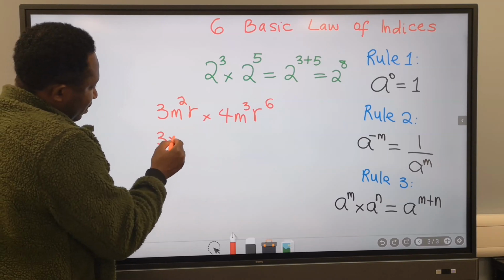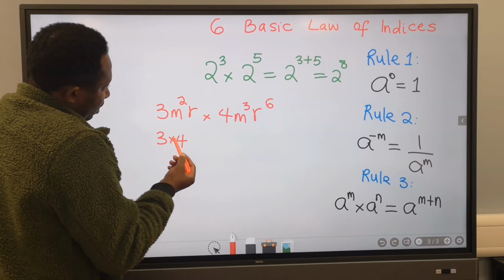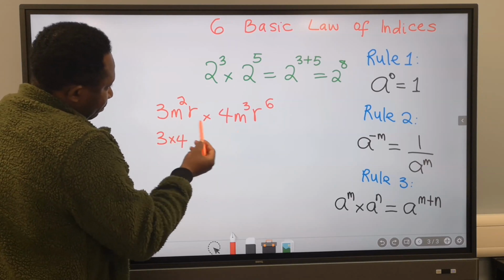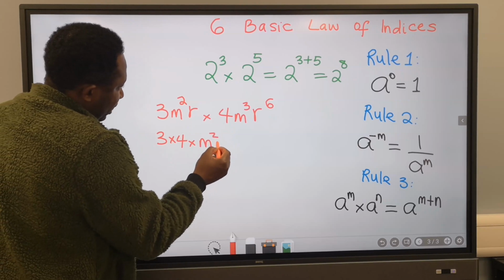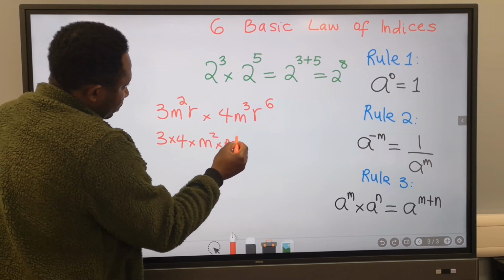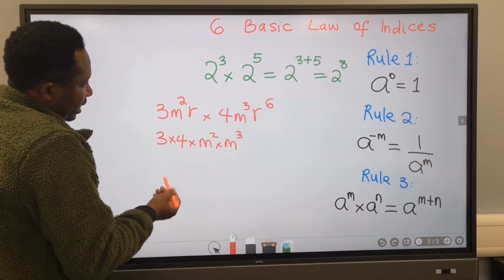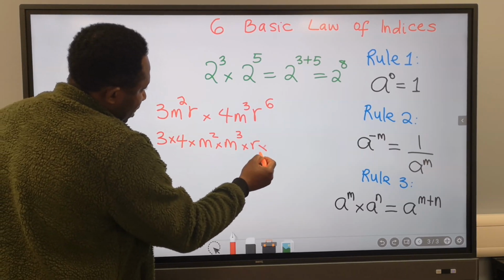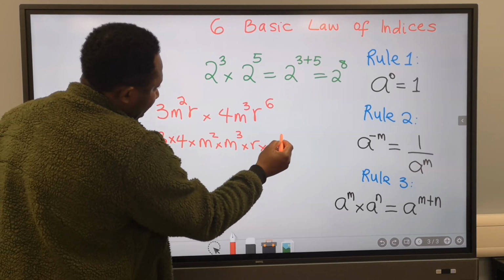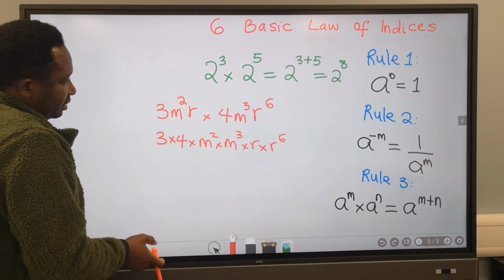Hence, I will have 3 times 4. Next, I will bring the m together. That is, m squared is multiplying m to the power of 3. Next, I will bring the r's together. Hence, r is multiplying r to the power of 6.